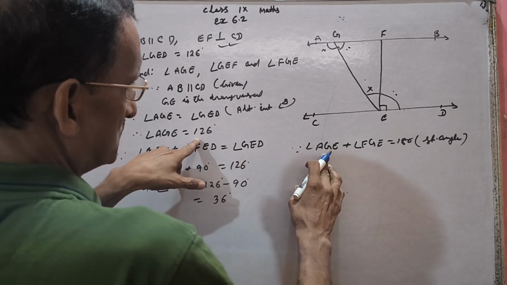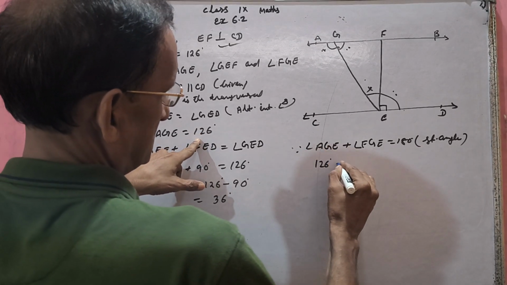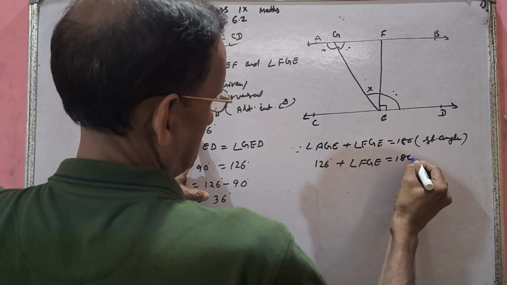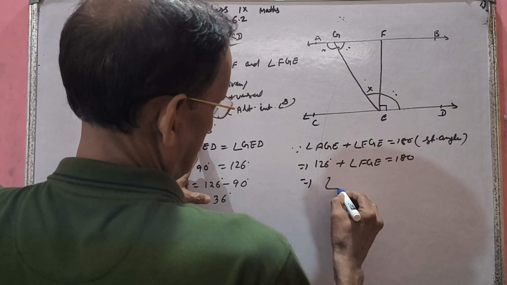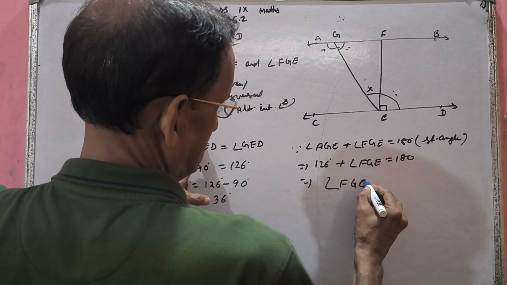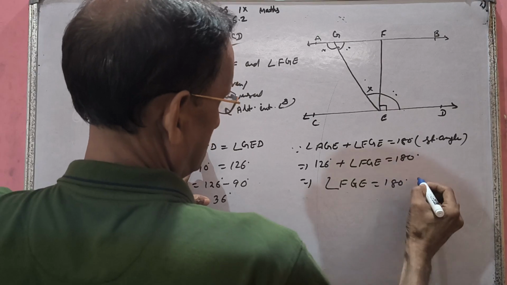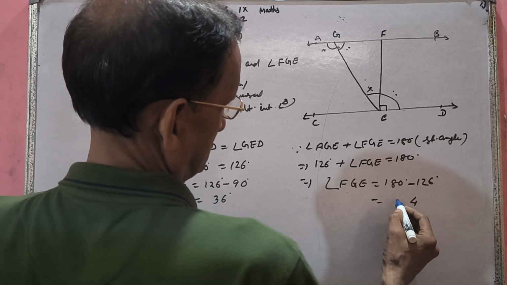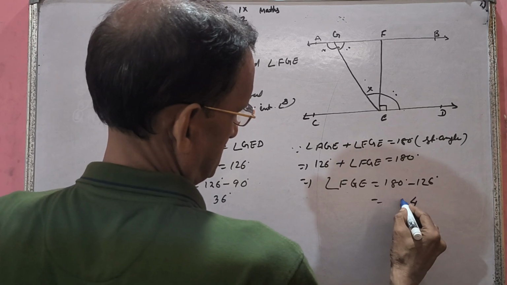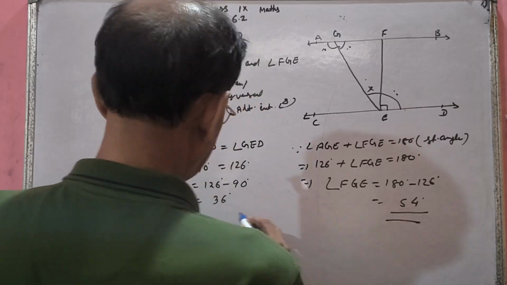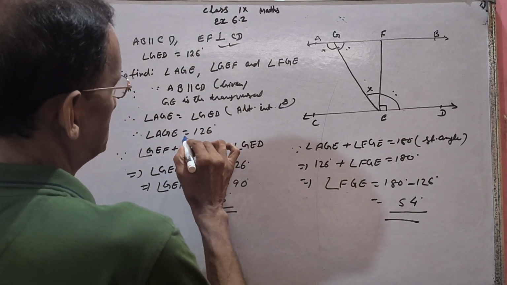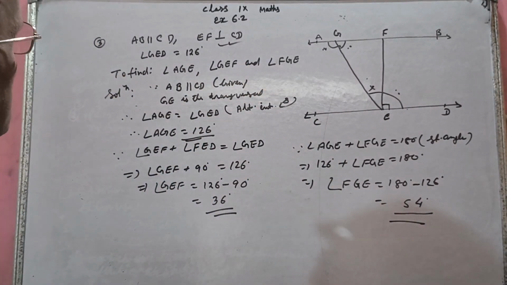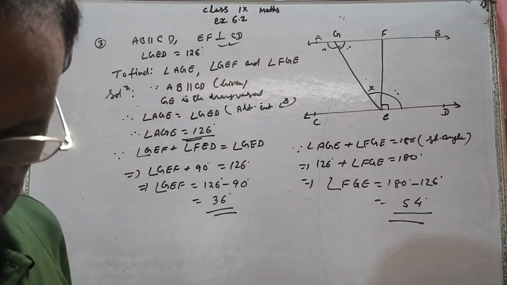AGE we have calculated, 126 degree, plus angle FGE is equal to 180 degree. So angle FGE equals 180 degree minus 126 degree. How much will we get? 54 degree. So this is the answer, this is the answer, and this is the answer. 1, 2, 3. Okay. So this is number 3.